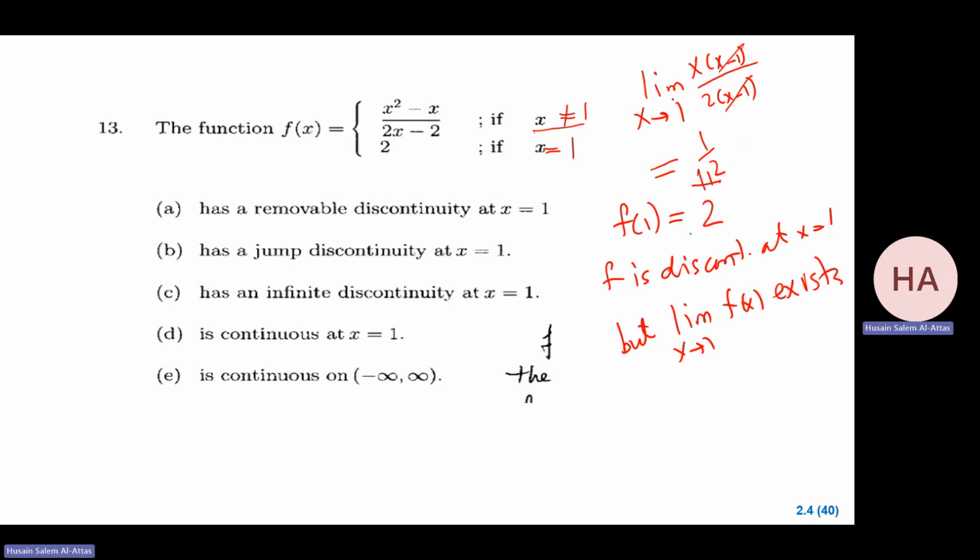There is a discontinuity because they're not equal to each other, but the limit exists. It means f has a removable discontinuity at x equal 1.